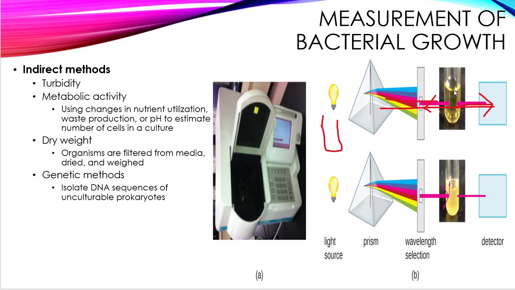In other words, that's the growth medium without any bacteria at all. And then we put this guy in here and we check and see how much light still gets through. The amount of blockage is going to give us an estimate of how many bacteria are there. The only problem with this is it's going to count dead as well as living bacteria, because even a dead bacterium, as long as it hasn't come apart, can still block light.